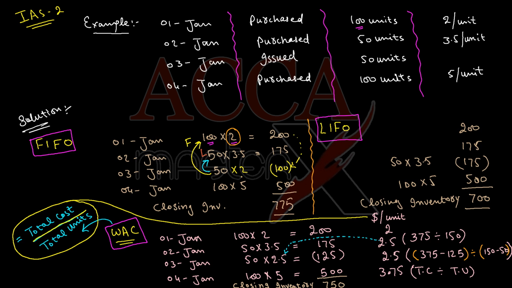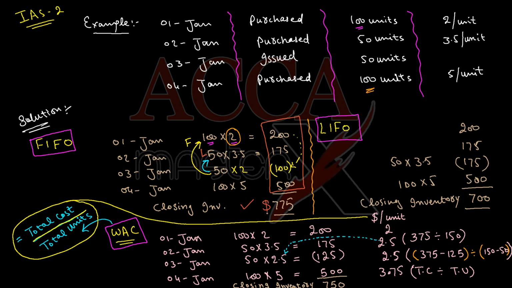So that's why we are using $2 here. And if we calculate them then it will be $100, and on 4th of Jan we are purchasing 100 units for $5 each. And we can get the value of our closing inventory by netting off all of these amounts, which is $775 in this case.